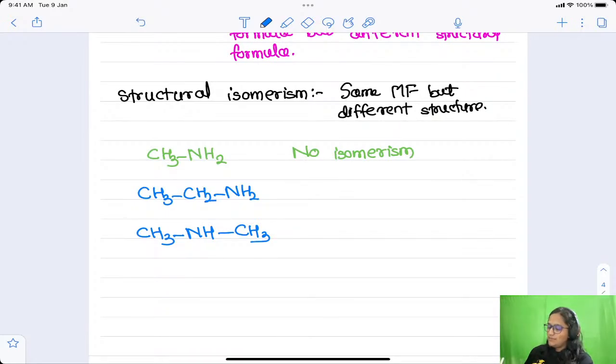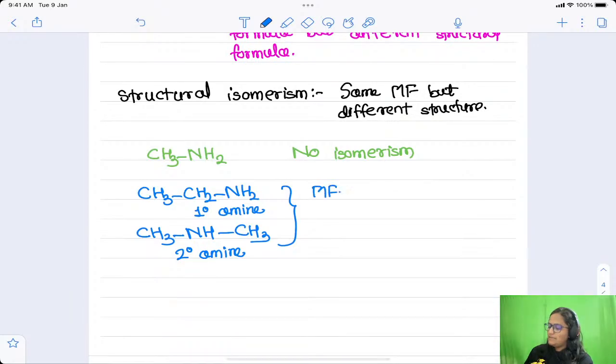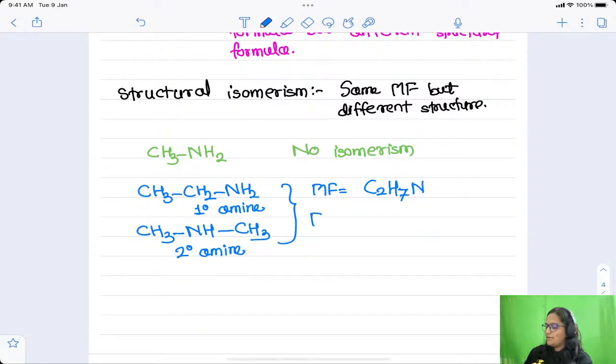Here, this is the primary amine and this is the secondary amine. Both of them have the same molecular formula, C2H7N, that is C2H(3 plus 2 plus 2). These are the functional isomers of each other.